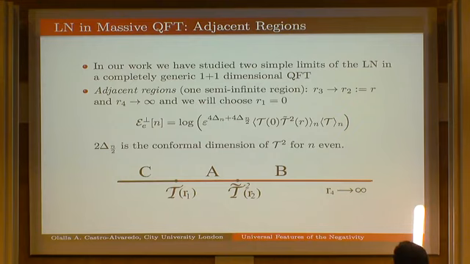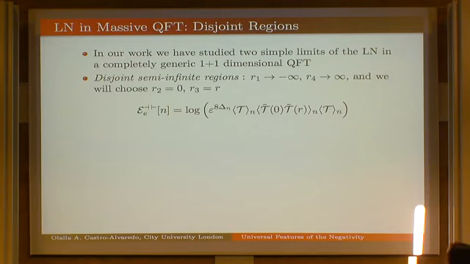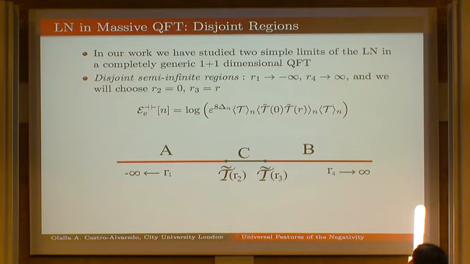So this region is very large, and the region in between A and B has now disappeared. And there's another configuration we considered as well, which is the case of disjoint semi-infinite regions. So when these two regions are very large, but there is a finite separation between them. In that case, in the massive theory, what you have is a decoupling again of the fields here and there, and you're left again with a 2-point function.